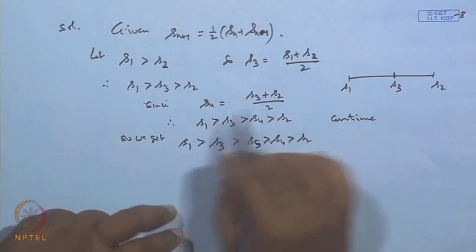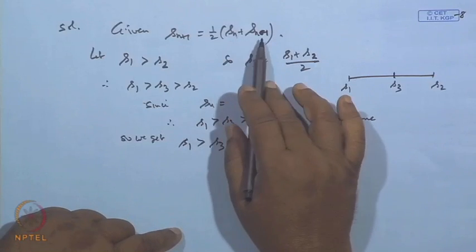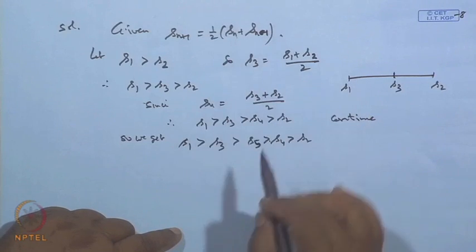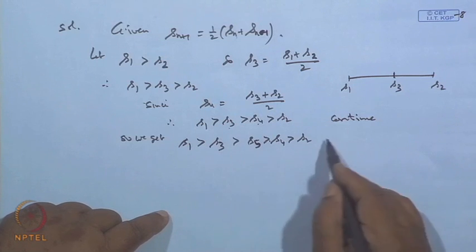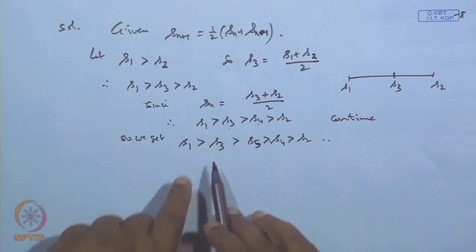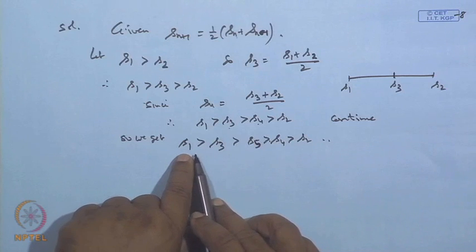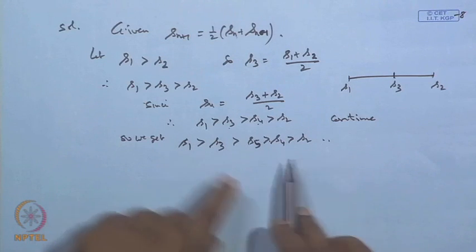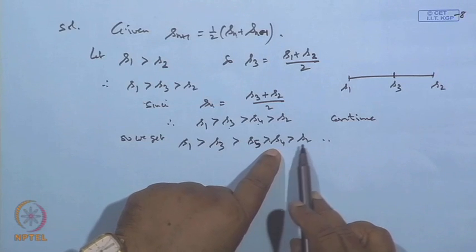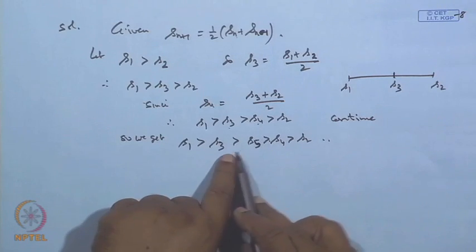For the fifth term, S5 is S4 plus S3 by 2, so it lies between S3 and S4, and so on. So, what we get is that when the suffixes are odd, S1, S3, S5, it is decreasing. When the suffixes are even, it is increasing, S2, S4, S6 and so on.